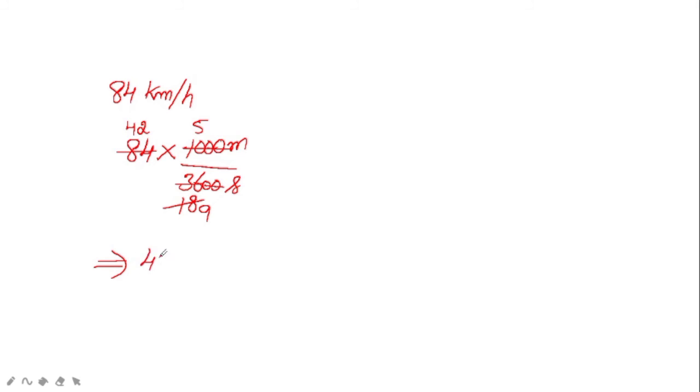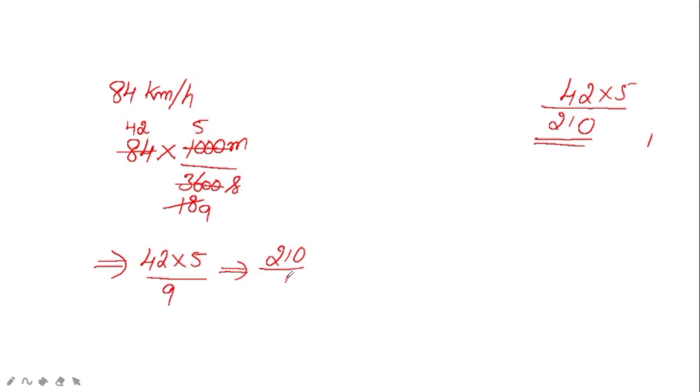We got 42 into 5 divided by 9. Now 42 into 5, how much will we get? 5 2s are 10, 0, remainder 1, 5 4s are 20 plus 1, 21. So 42 into 5 is 210. So 210 divided by 9.